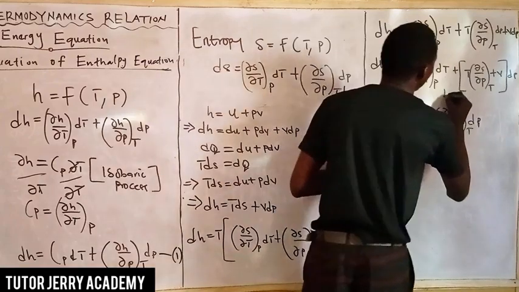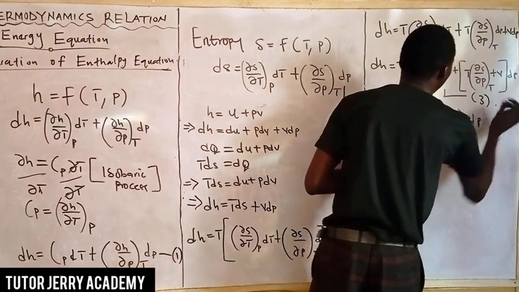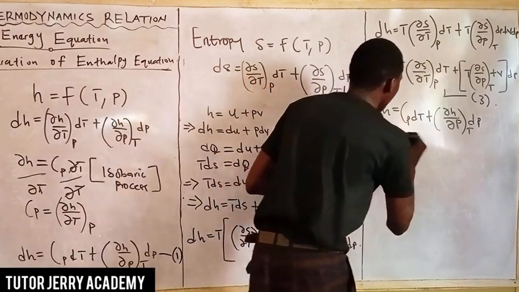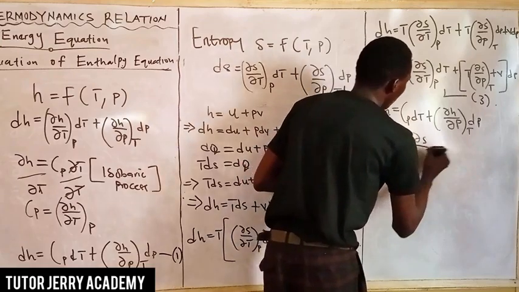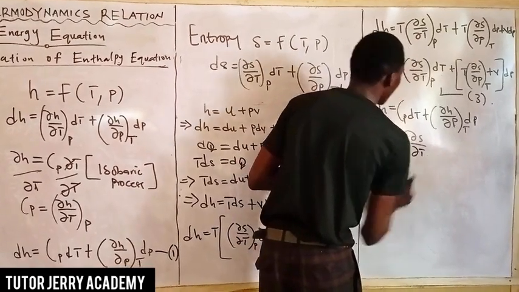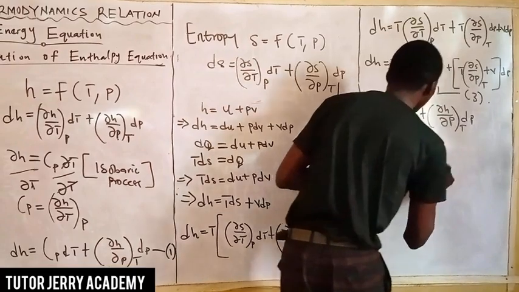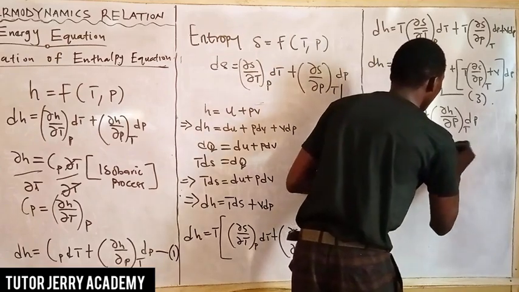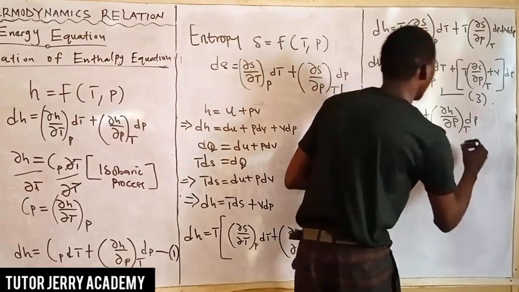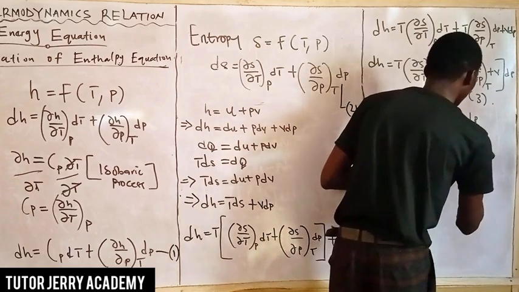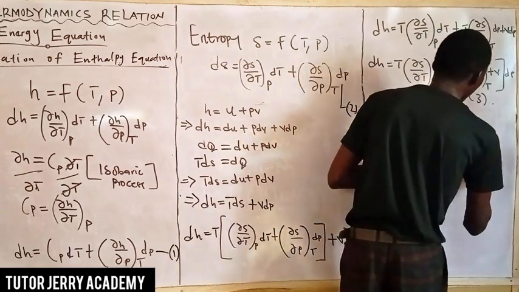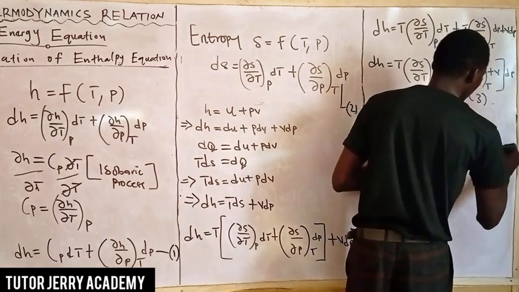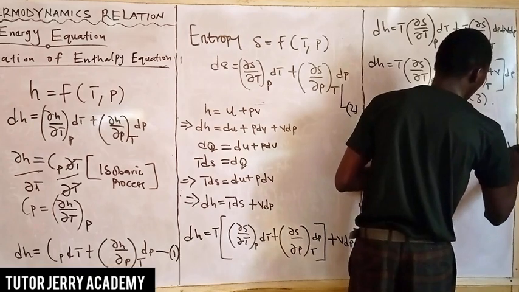So let this be equation 3. And if this is equation 3, we can write dH equal to T into the bracket of the partial derivative of S over the partial derivative of T, keeping P constant, dT, plus the bracket of T into the partial derivative of S over the partial derivative of P, keeping T constant, plus V, dP.